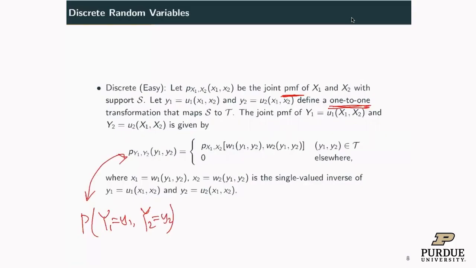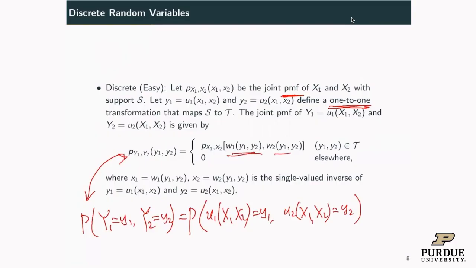Now what is this? It is the probability that U1(X1, X2) equals y1 and U2(X1, X2) equals y2. Since the transformation is 1 to 1, you can get the inverse transformation. The inverse transformation is here: X1 is W1(y1, y2), X2 is W2(y1, y2).